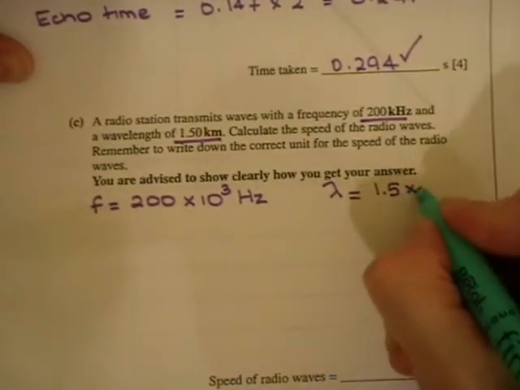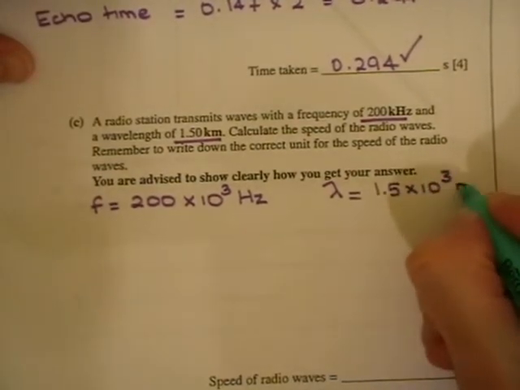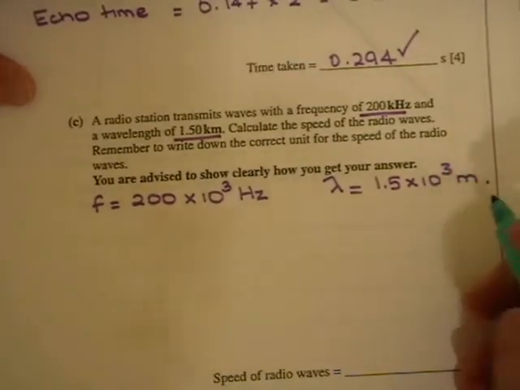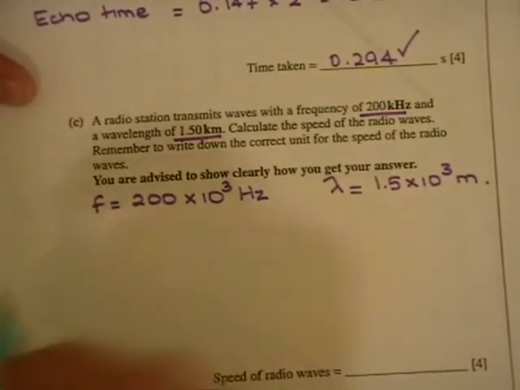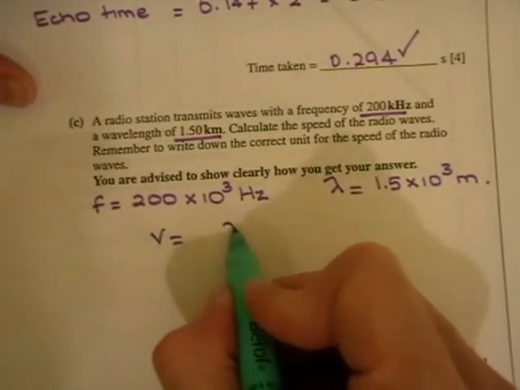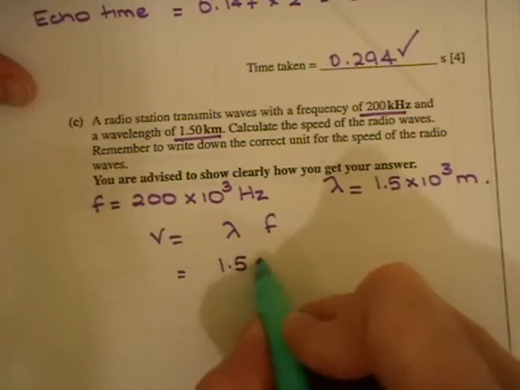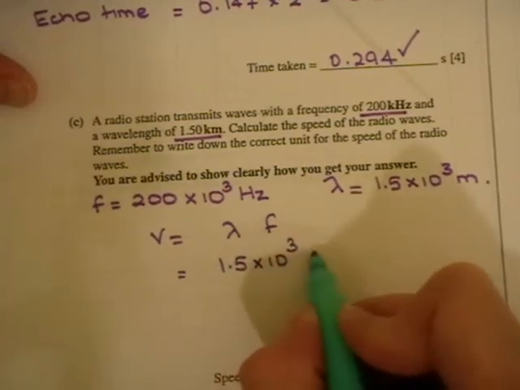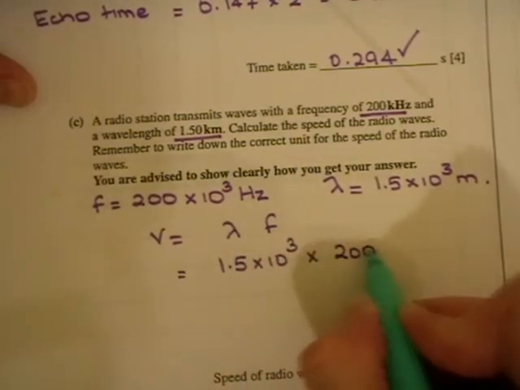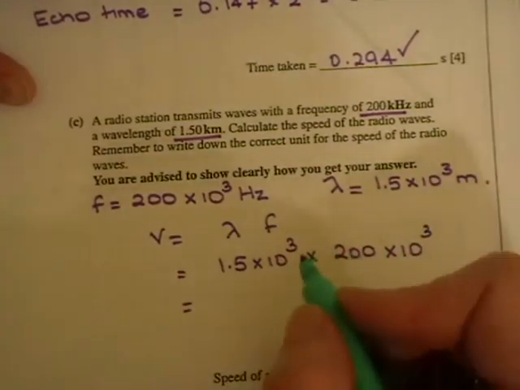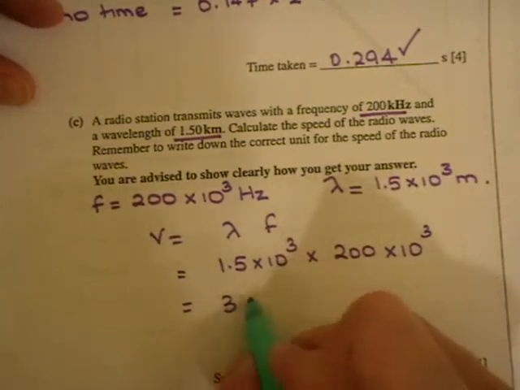So that's also times 10 to the 3, and it's in metres then, not kilometres anymore. So for your frequency and wavelength, you must be using v equals lambda f. Lambda is 1.5 times 10 to the 3, and frequency is 200 times 10 to the 3. And that gives you 3 times 10 to the 8.